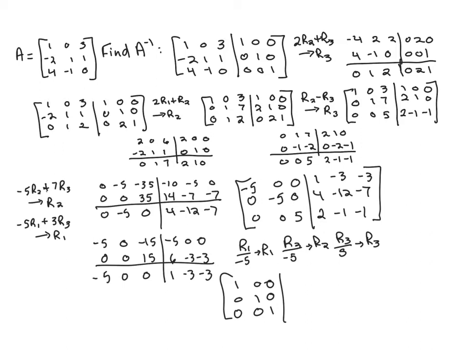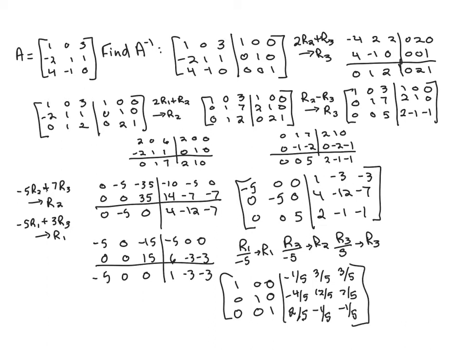Now, row 1 divided by negative 5 is going to be minus 1/5, positive 3/5, positive 3/5. Row 2 divided by negative 5 is minus 4 over 5, positive 12 over 5, positive 7 over 5. Dividing row 3 by a positive 5, I get 2/5, negative 1/5, negative 1/5.